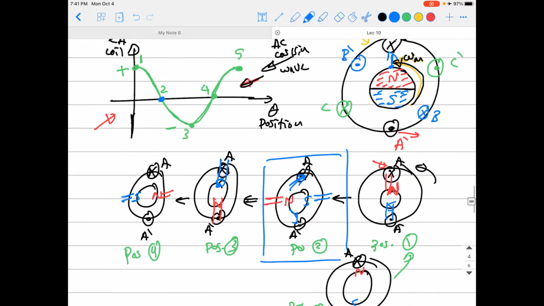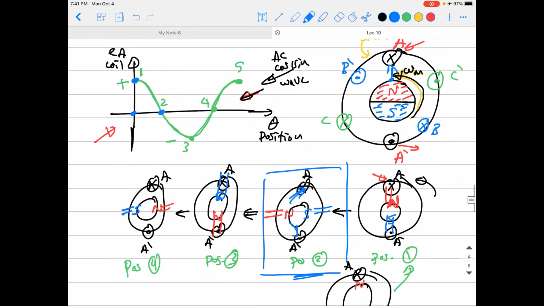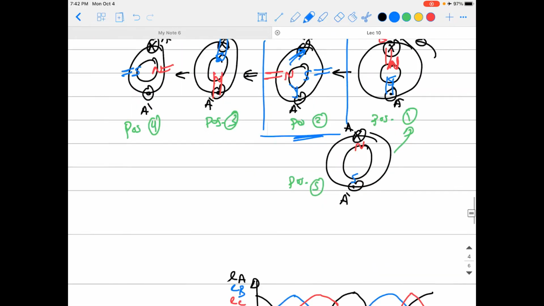So this sinusoidal wave would start from 0, not from maximum like that. You know that the cosine wave and the sine wave are typically the same, just phase shifted by 90 degrees. So it's the same idea, it just depends on when you start, okay?